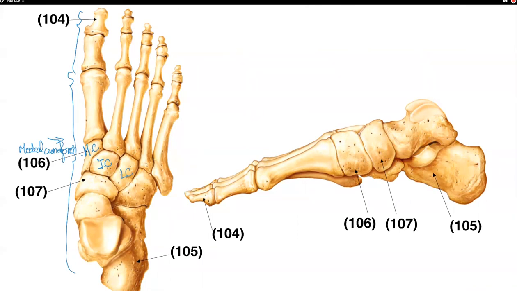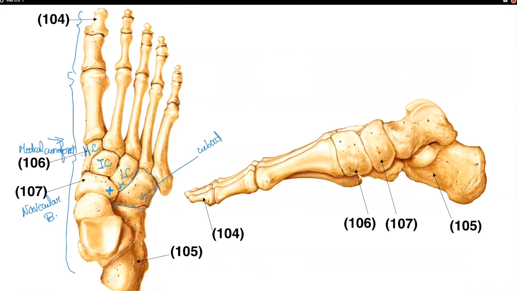Posteriorly, all the three are articulating with my navicular bone. The navicular bone along with the lateral cuneiform are articulating with a cube-shaped bone on here. This is my cuboid.